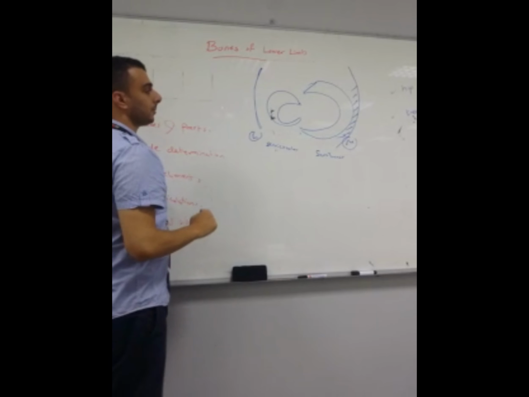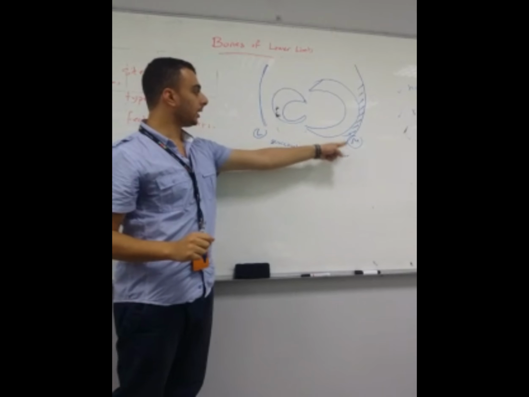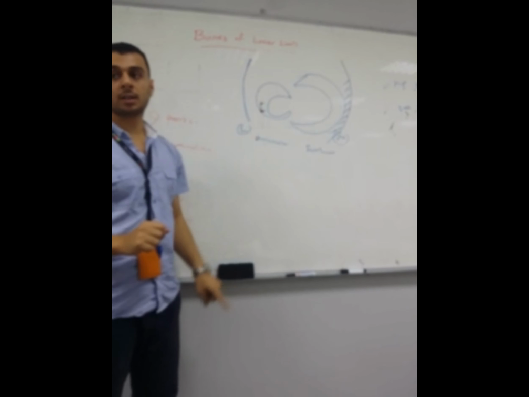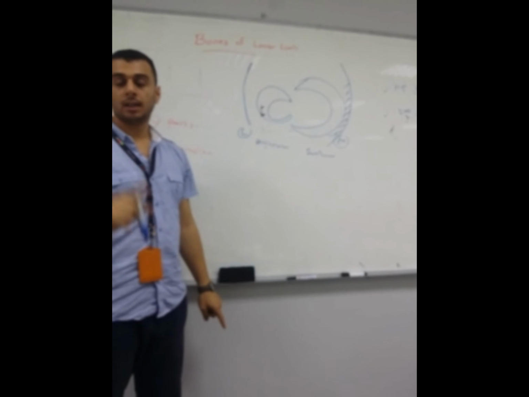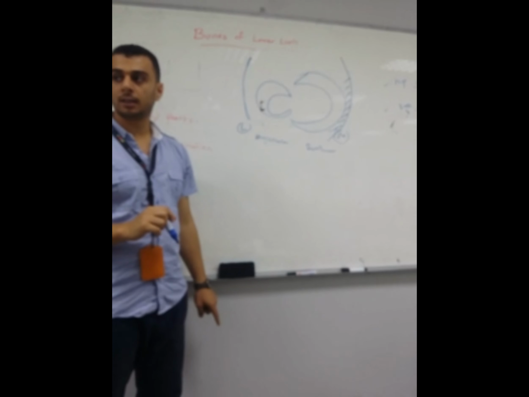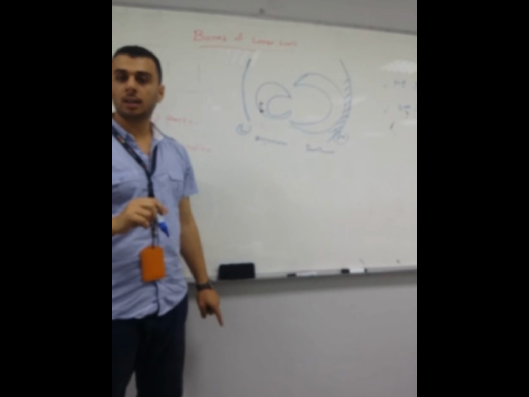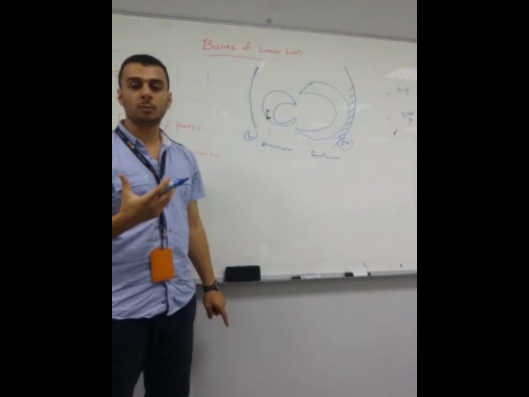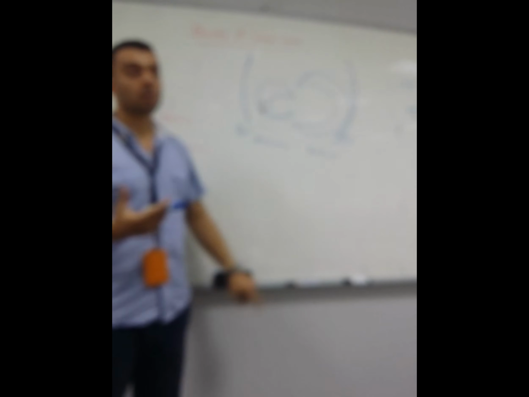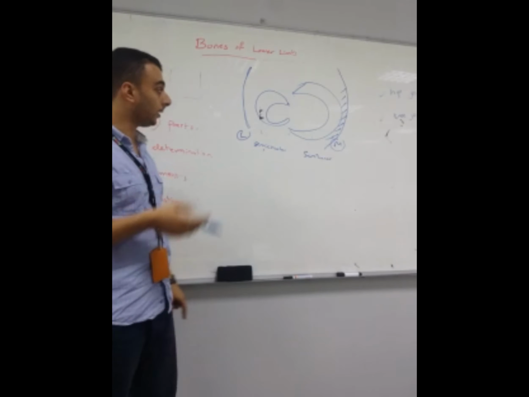So the medial collateral ligament is attached to the medial meniscus, while the lateral collateral ligament will be separated from the lateral meniscus. That's why the commonly injured one will be the medial one. Why? Because it doesn't have free movement. It's not freely mobile like the lateral one. So this one is very prone to injury.